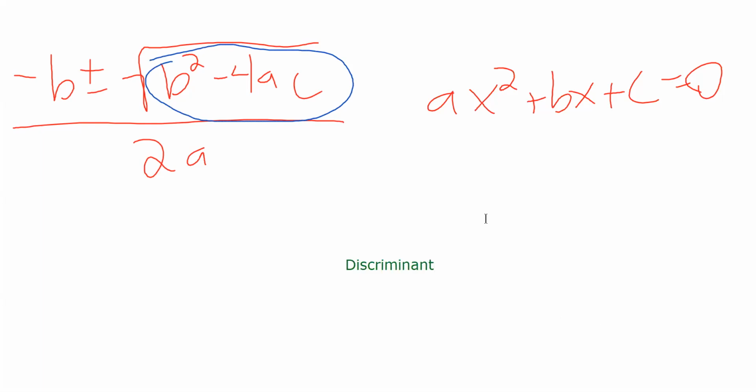Because it literally discriminates between the types of solutions that a quadratic equation can have. What we'll do later, when we investigate the graphs of quadratics, is see that solutions literally translate to where it crosses or touches the x-axis, or whether it does not even do that. So the discriminant is the b squared minus 4ac part alone.